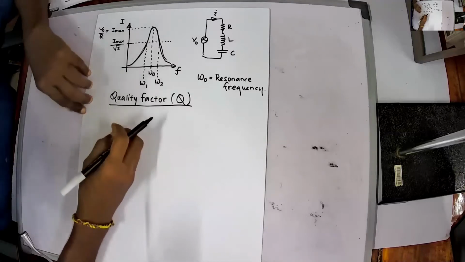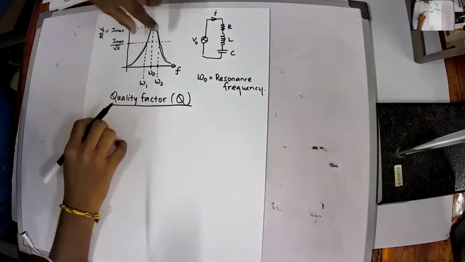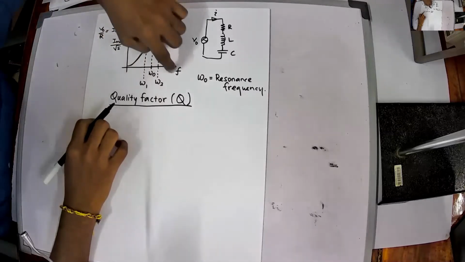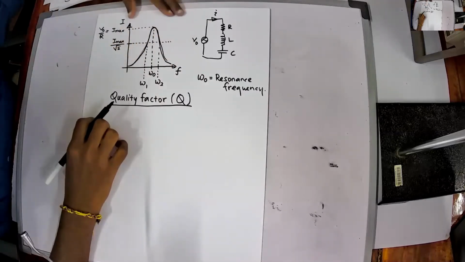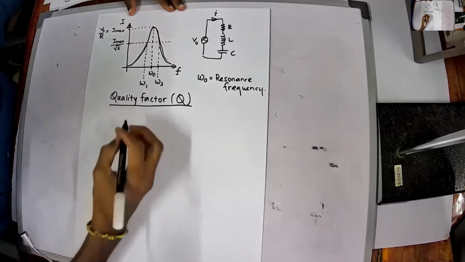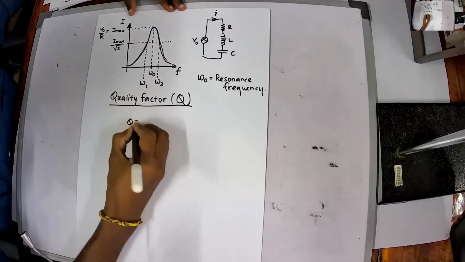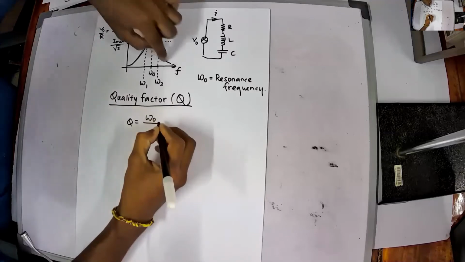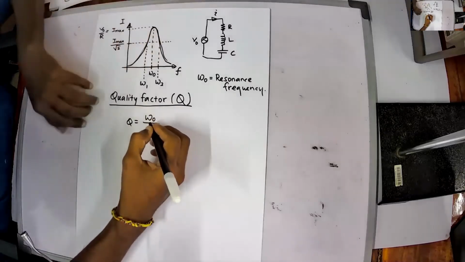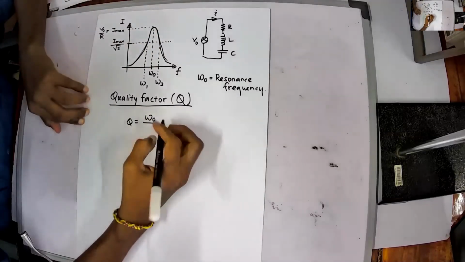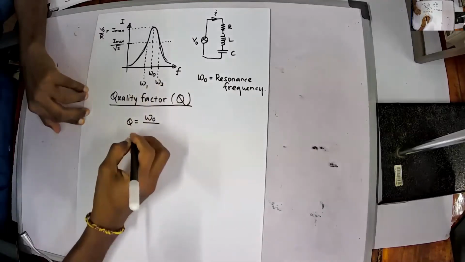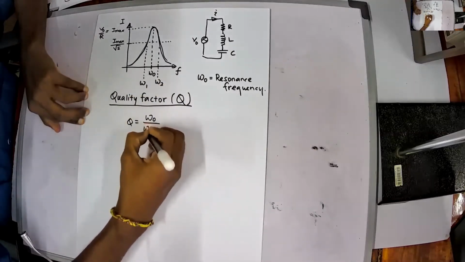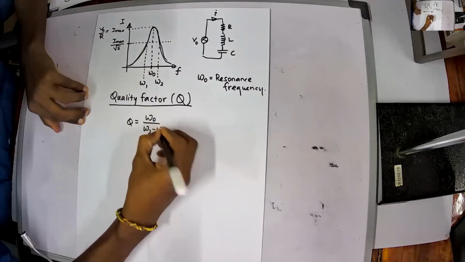The quality factor will give you an idea of how sharp your resonance curve is. Your quality factor Q is simply defined as omega naught divided by the difference between these two frequencies, so omega 2 minus omega 1.